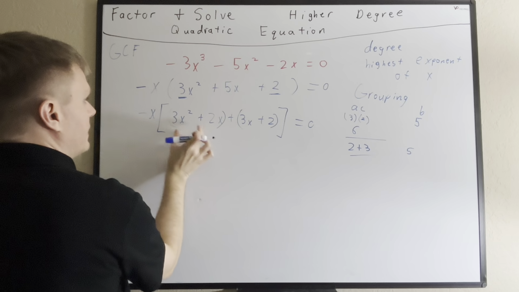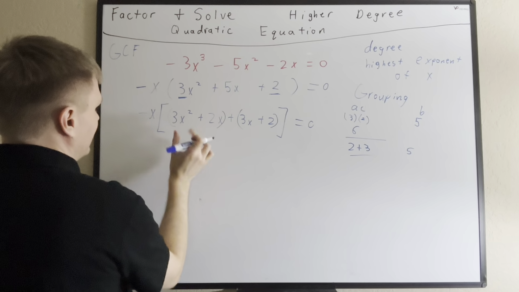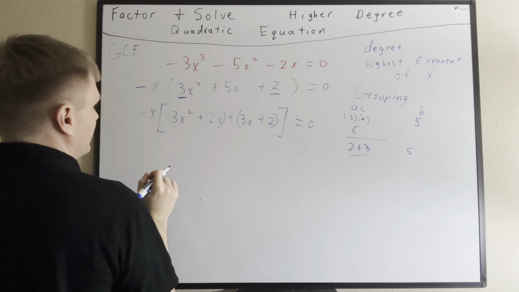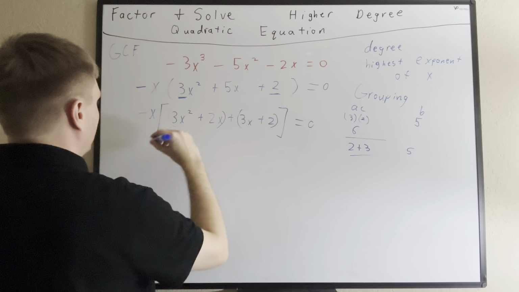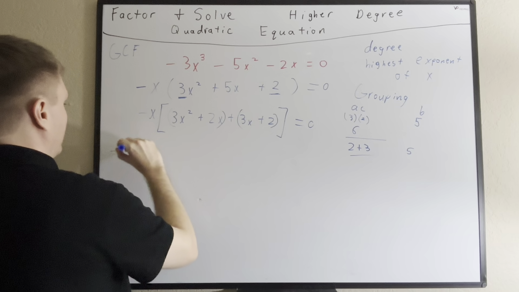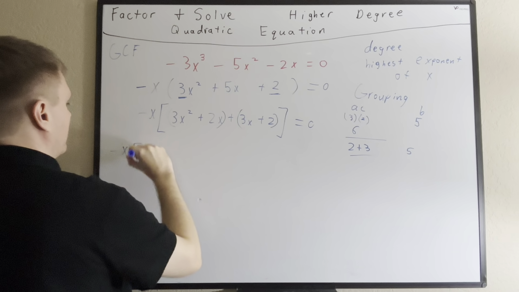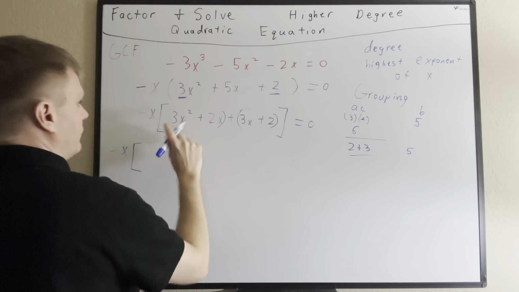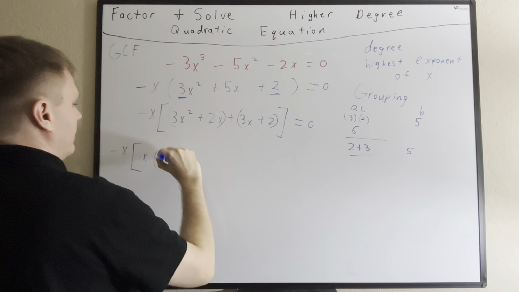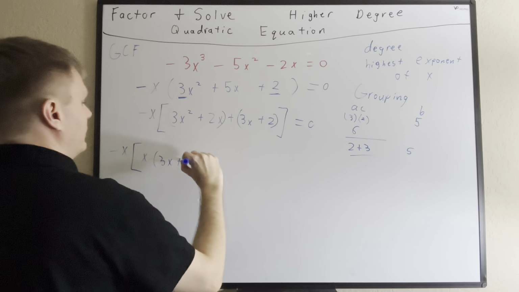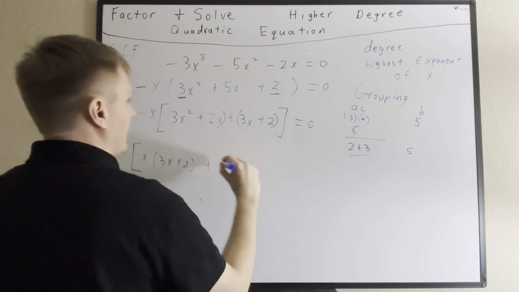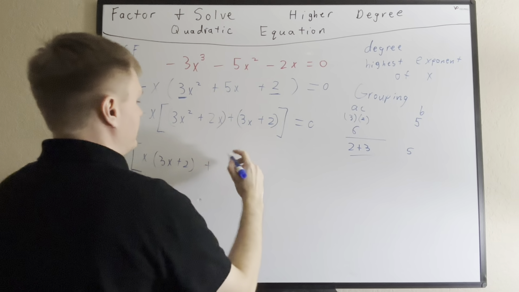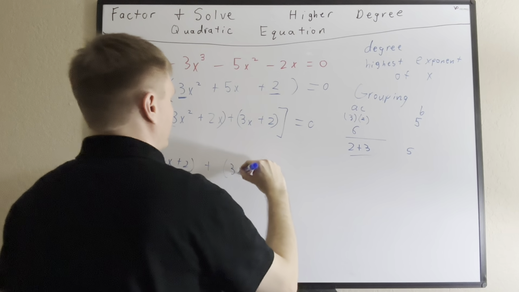So what's the GCF here? 3 and 2 still don't divide by the same thing, but we do have an x there. So don't forget your negative x out here. And we factor out an x. And we get 3x plus 2, right? And there is no GCF there, so it's just 3x plus 2.